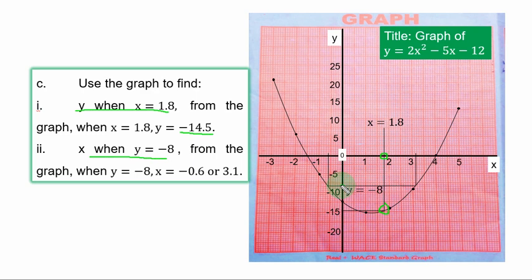So if you touch the curve at this point and at this point, at each point you trace to the s-axis. From here you have minus 0.6, and here you have 3.1. So when y is minus 8, s is equal to minus 0.6 or 3.1.